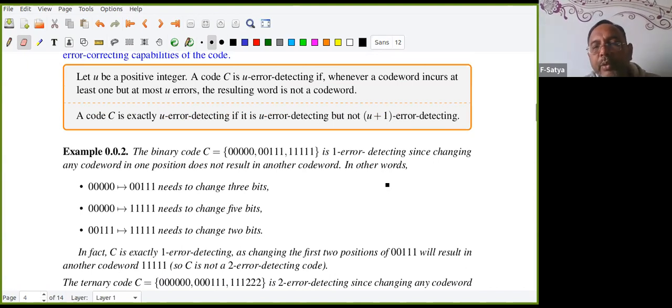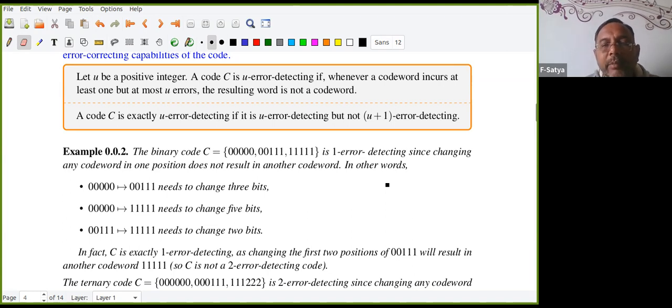A code C is u error detecting if whenever a code word incurs at least one but at most u errors, the resulting word is not a code word. In that case, we'll say that it is u error detecting. If more than u errors occur, then we cannot detect. Then we'll call that code u error detecting.